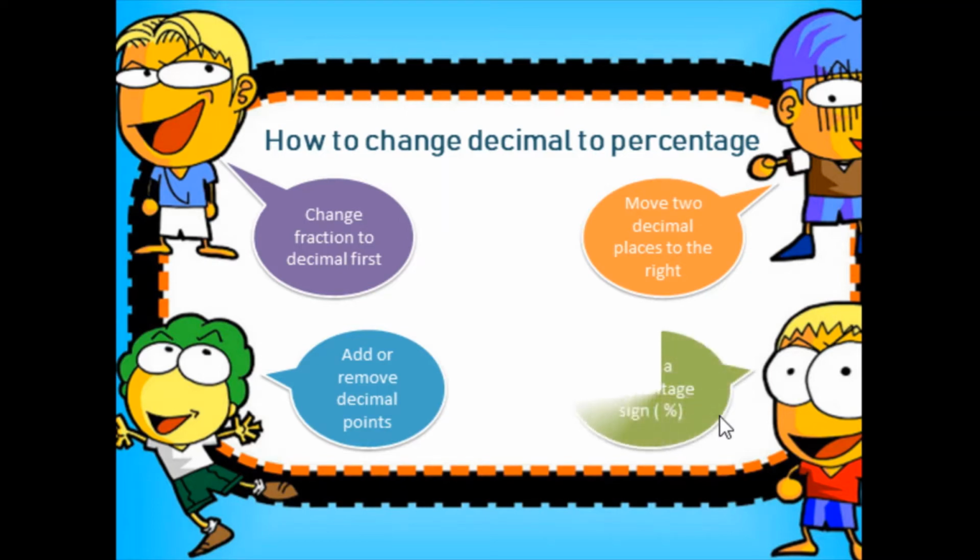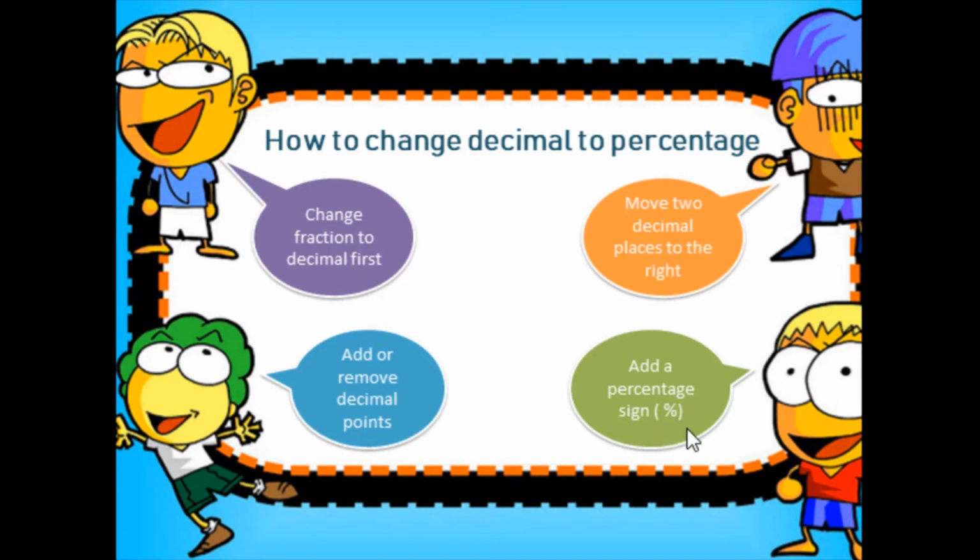Lastly, the most important step of all, because you cannot call it a percentage if not for this step. Step 4. Add a percentage sign or symbol, like this one. You always have to put a percentage sign at the end of a number to specify that it is a percentage number, because a normal number is different from a percentage one.